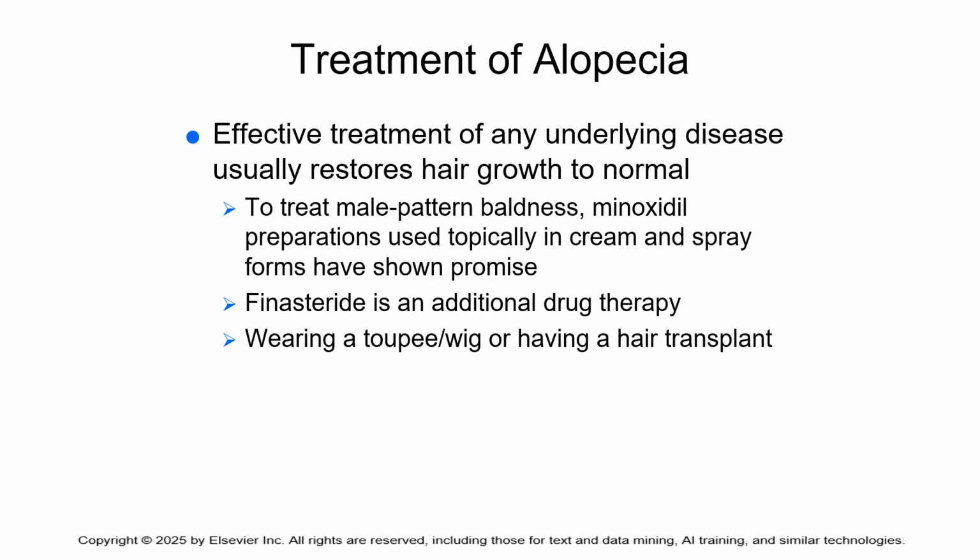Hair loss due to heredity or aging is probably not going to benefit from alopecia treatment. Otherwise, you treat the cause of the baldness, and then there are medications such as minoxidil that can be used, or finasteride, or they could simply wear a toupee or a wig or a hair piece.